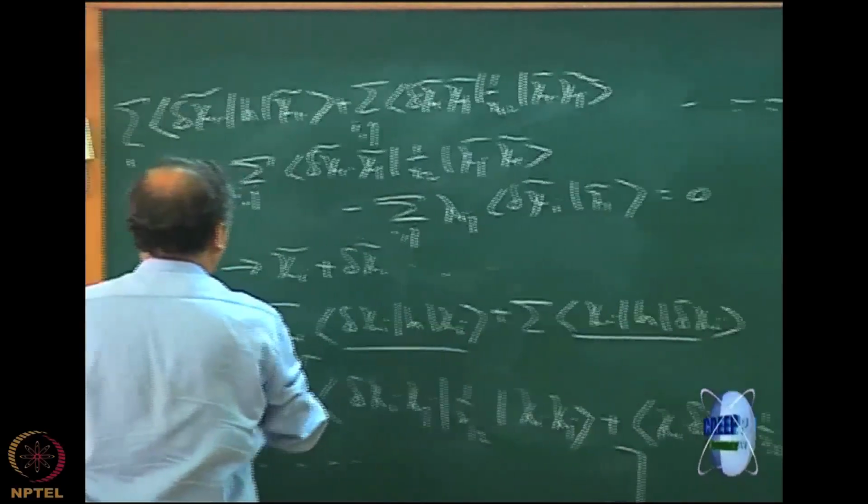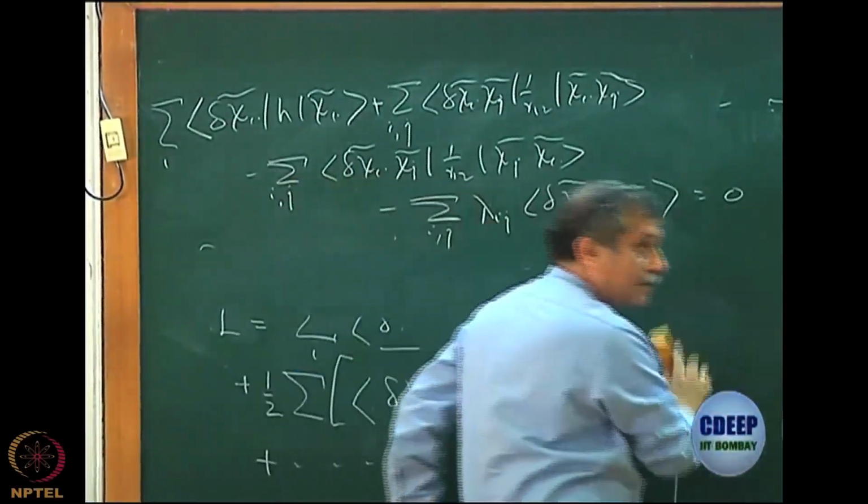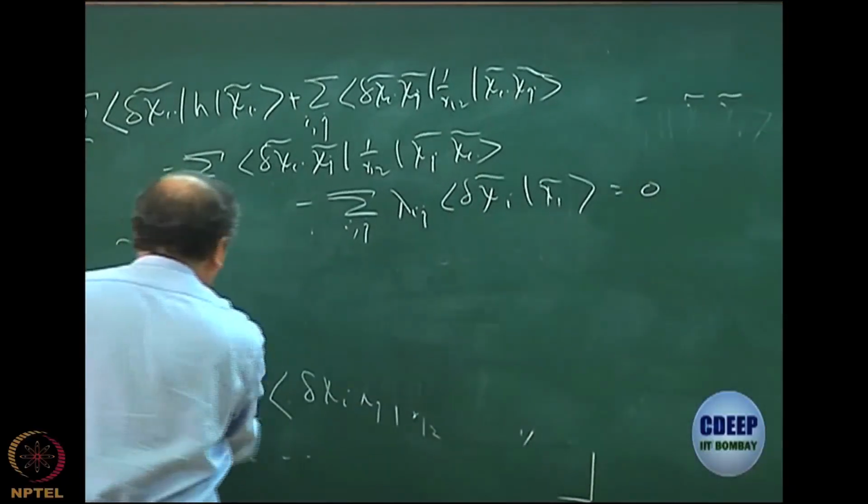Okay, so that becomes your Hartree-Fock equation finally for all delta chi_i.